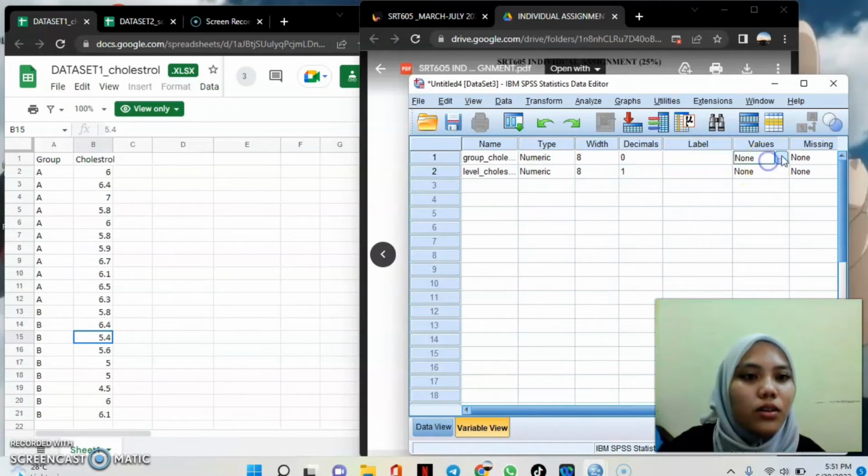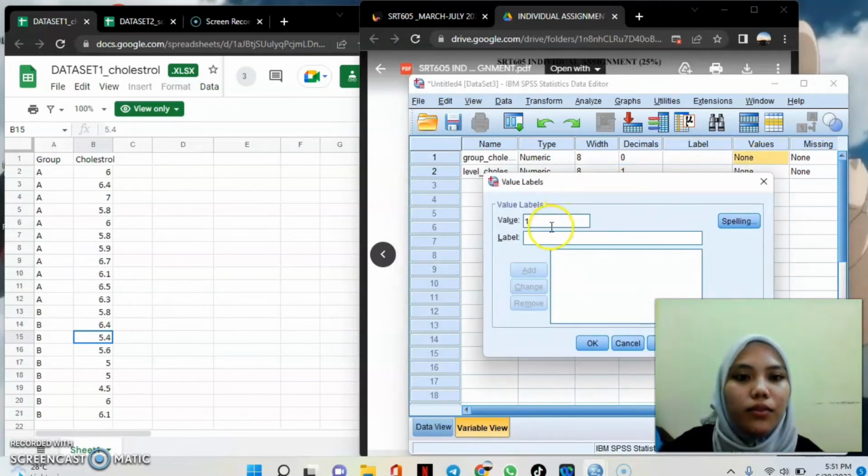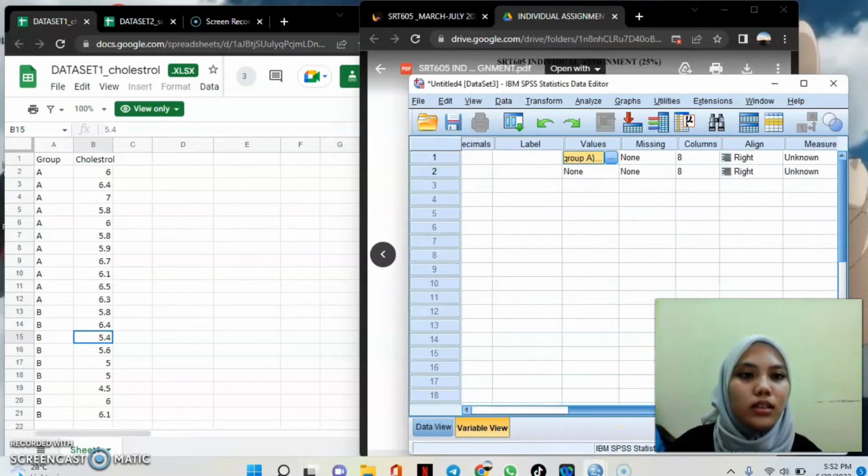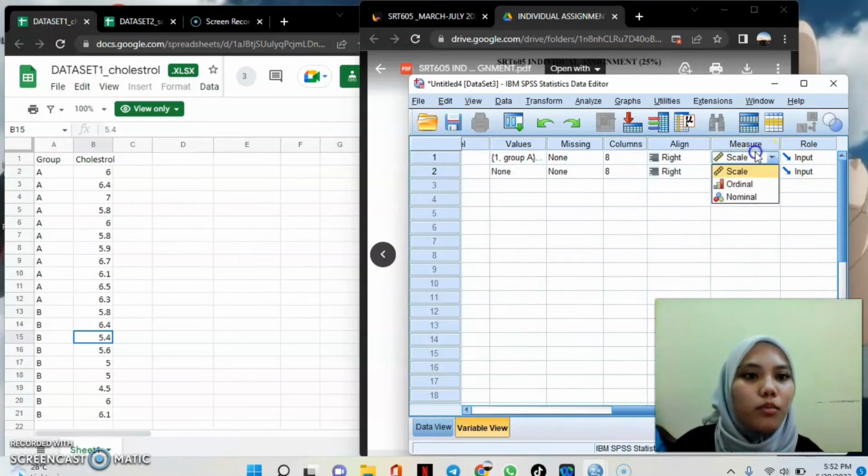For the value, value 1 is for group A and add, and the second one is value 2, label group B, and add. Then we proceed to the measure. Both of them will be scale.